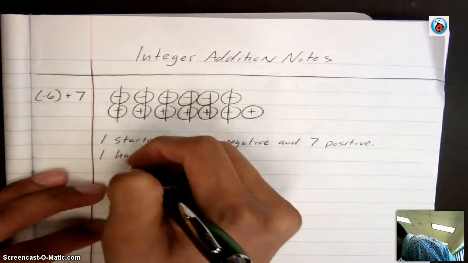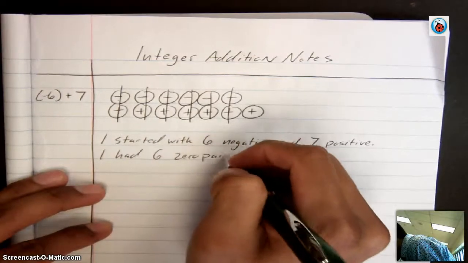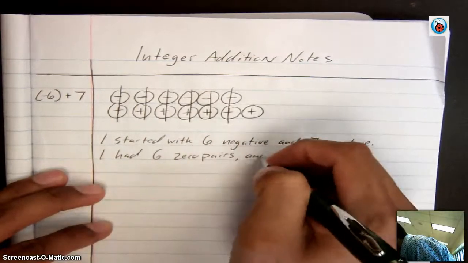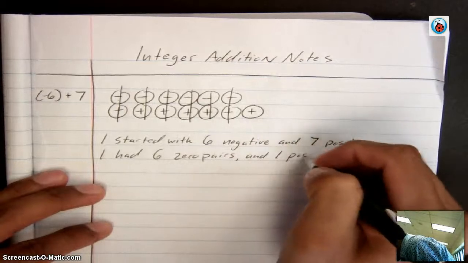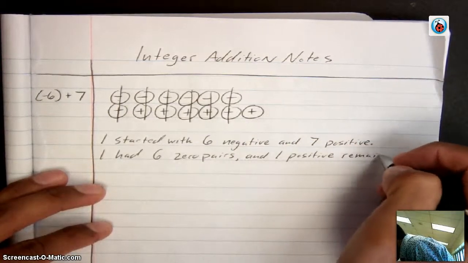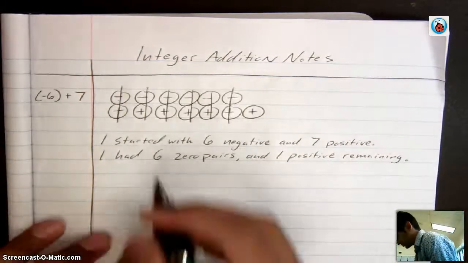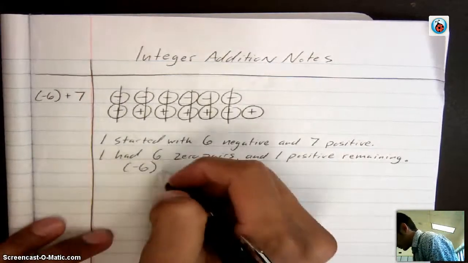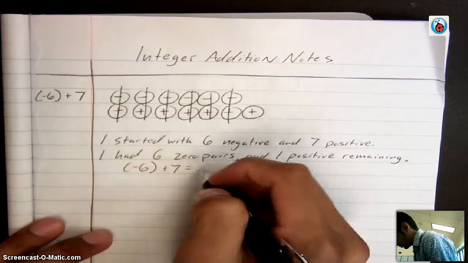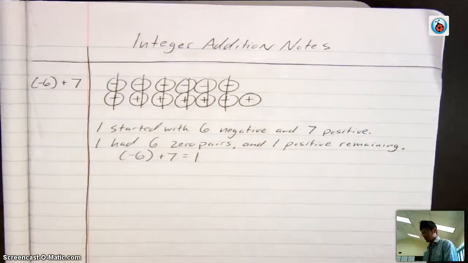I had 6 zero pairs and 1 positive remaining. So then we write an equation. Our equation was -6 plus 7 equals 1. Okay? So that's an example of a negative plus a positive.